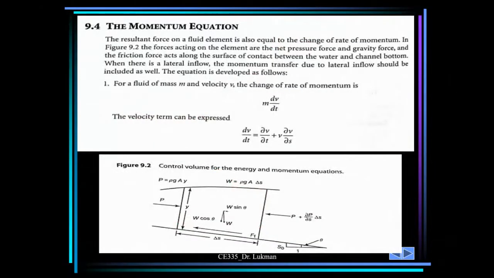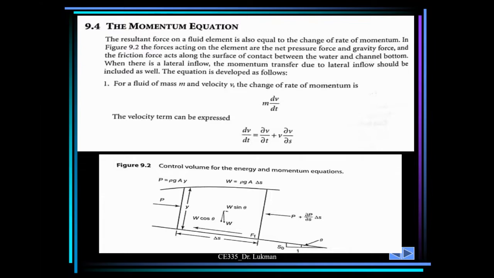Okay, so the momentum equation. In the previous one, we used MA, that the resultant force on a fluid element is equal to mass times its acceleration.